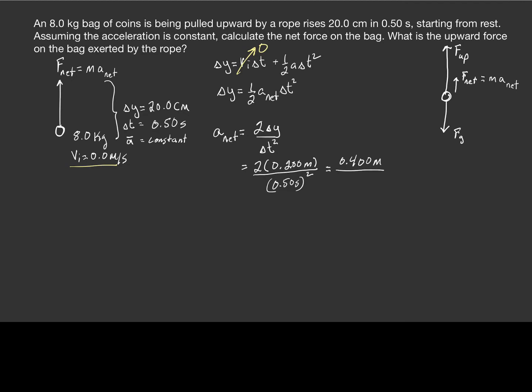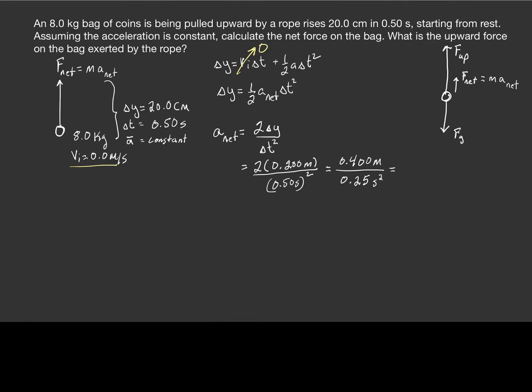And 0.5 squared would be 0.25, right? And of course, that's seconds squared. And we can see right there that meters per second squared is our unit for acceleration. So we're doing this problem right. So far, so good.